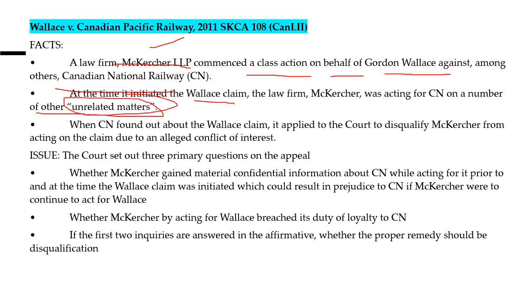So this term unrelated is important. When Canadian National Railway found out that McCarthy LLP was also representing Wallace, it applied to the court to disqualify McCarthy from acting on the claim due to an alleged conflict of interest.